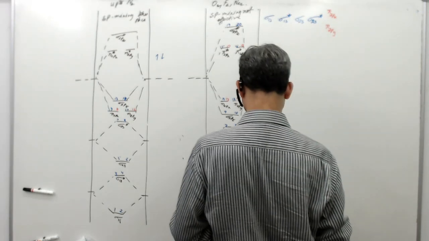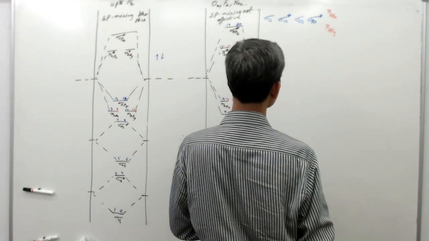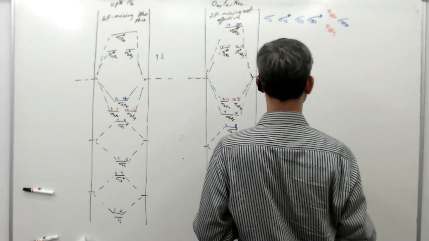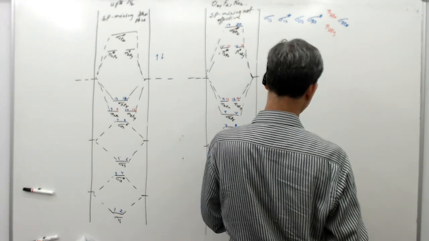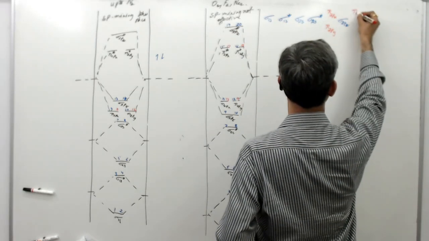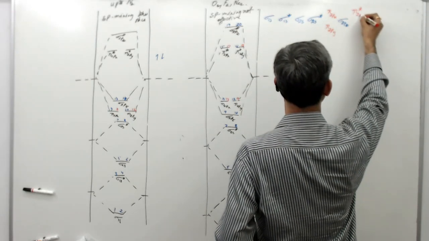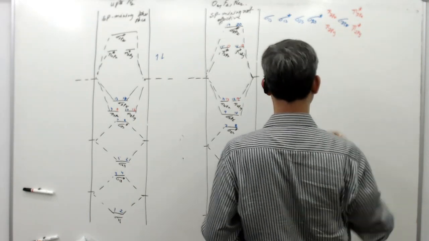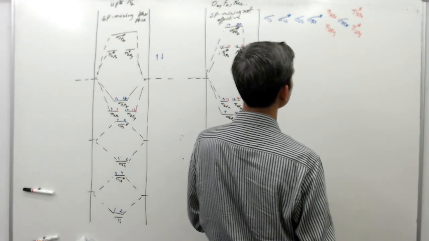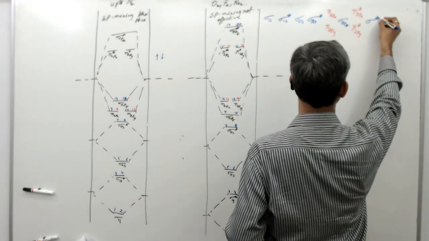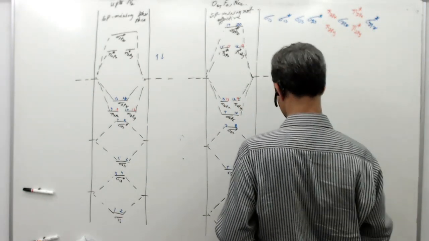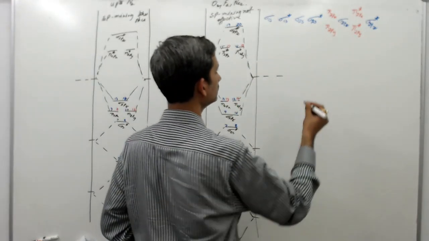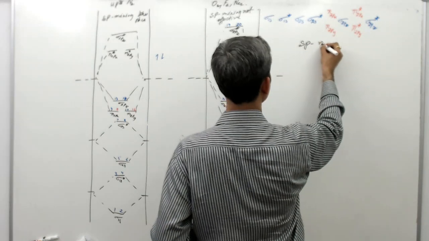Then we have sigma 2pz. Then we have pi star 2px, pi star 2py. And then we have sigma star 2pz. Now this is the order with sp mixing.